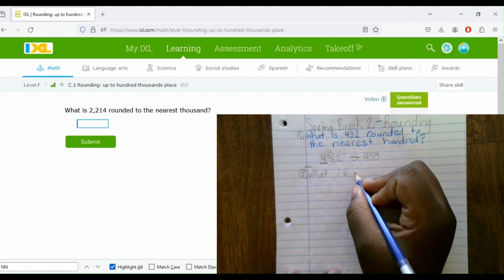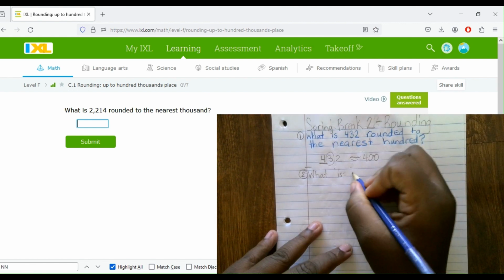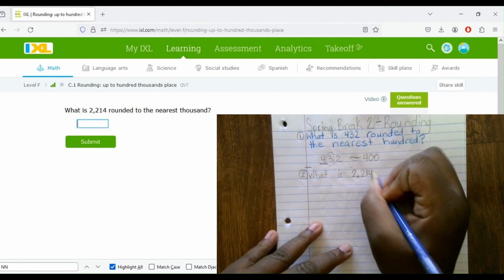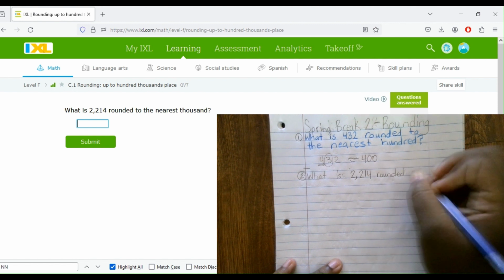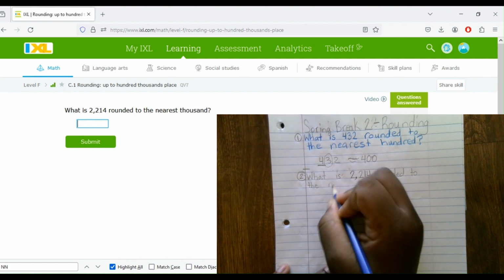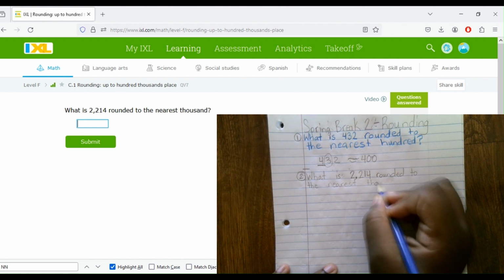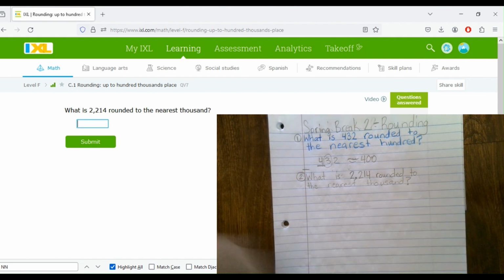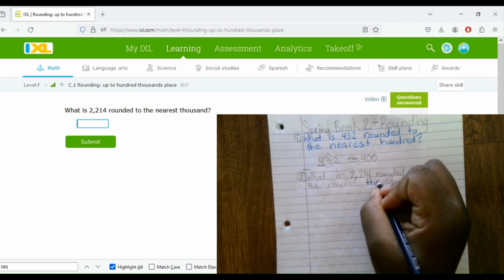What is 2,214 rounded to the nearest thousand? So that's my actual question. I'm asked to round to the nearest thousand.